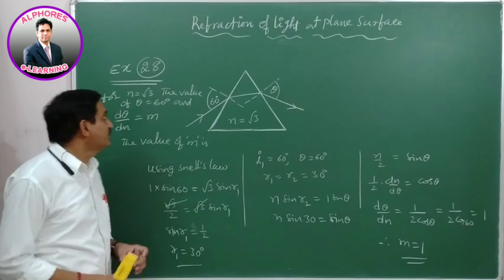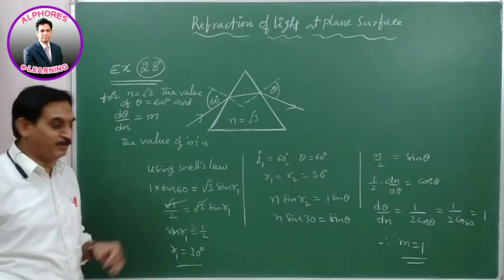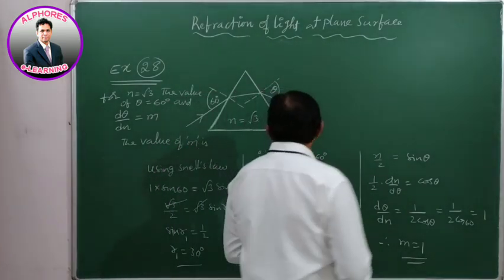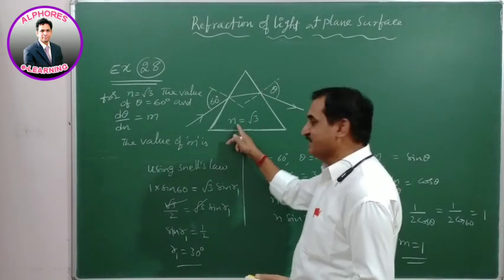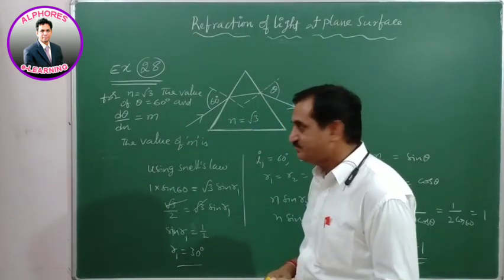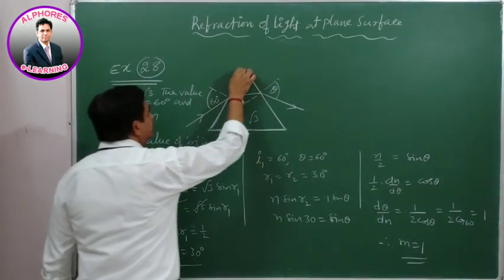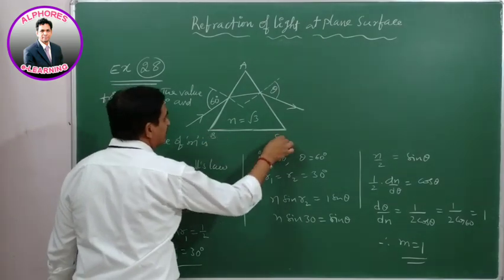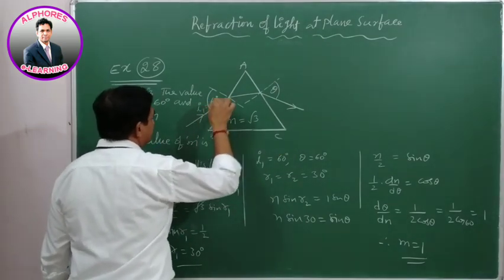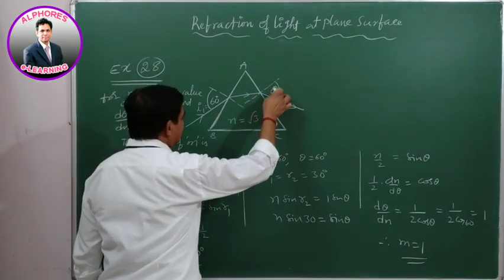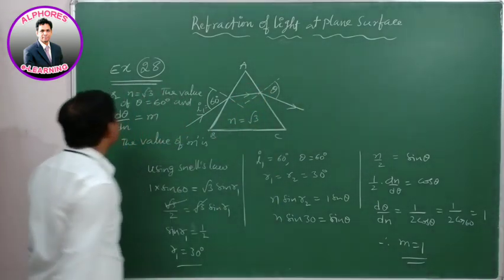Now let us go for another problem, that is problem number 28. In this case there is a prism of refractive index n equal to root 3. A ray is incident on one of the refracting surfaces, that is i1 equal to 60 degrees, and after refraction it is emerging; that emerging angle is theta.